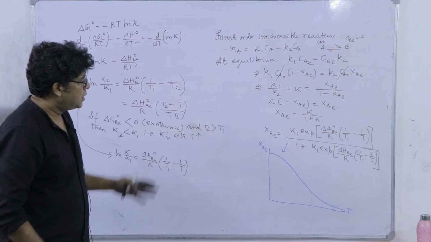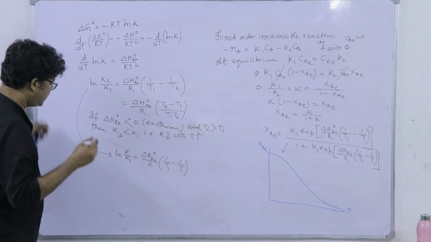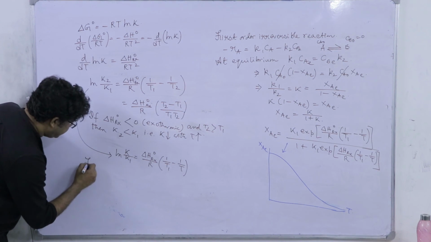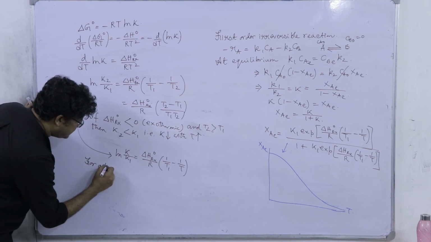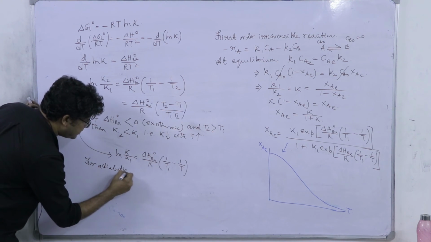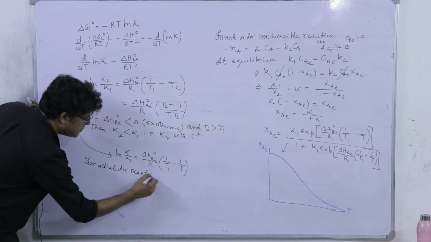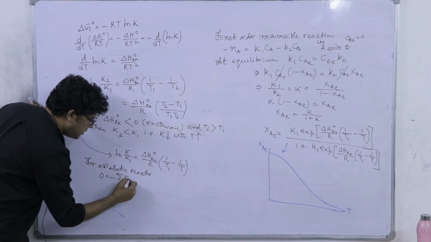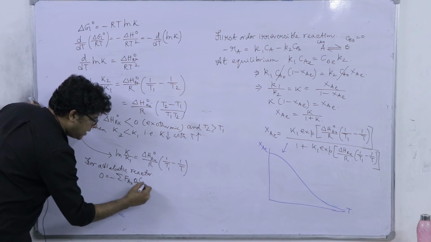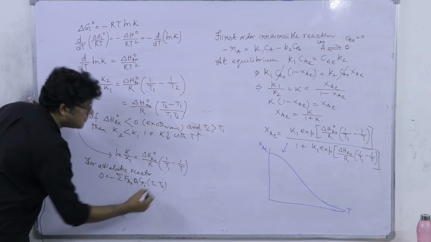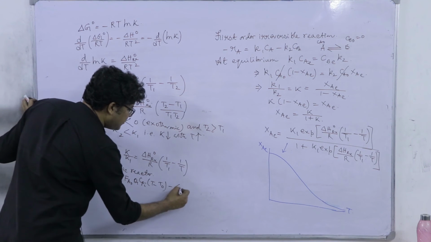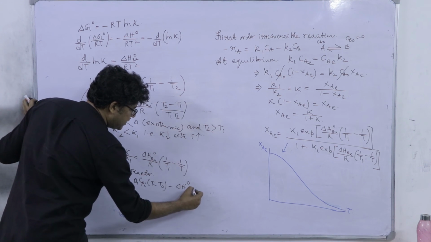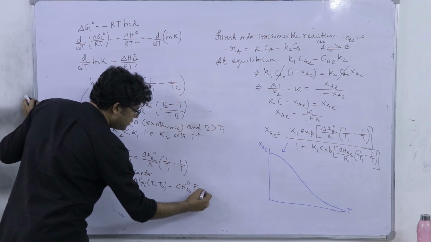Right. Now we know that for an adiabatic reactor, 0 equals minus Fa naught theta I Cpi (T minus T naught) plus, let's say we are not going into the detail of this delta Cp and all, delta Cp into Fa naught into Xa.